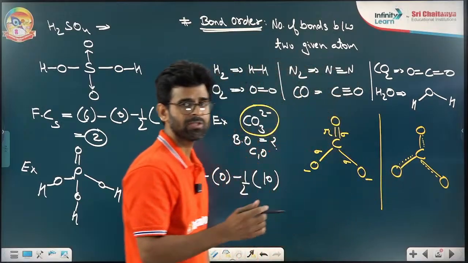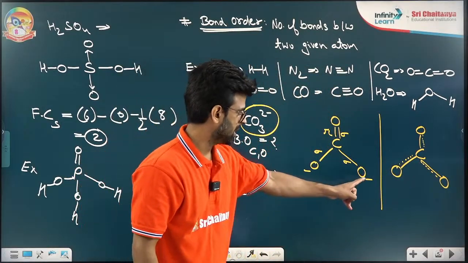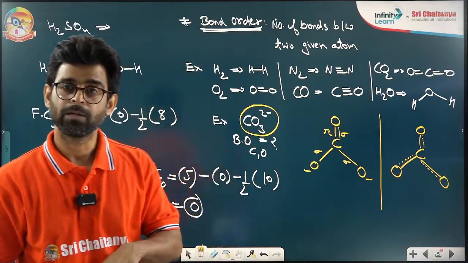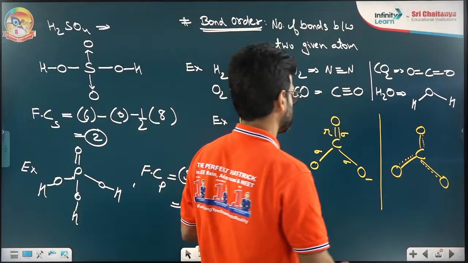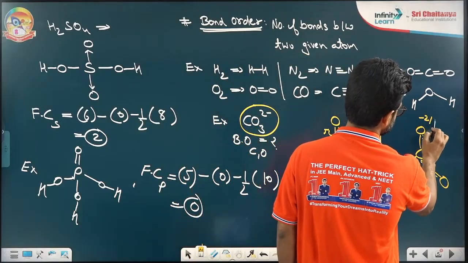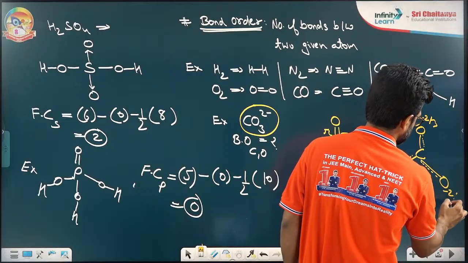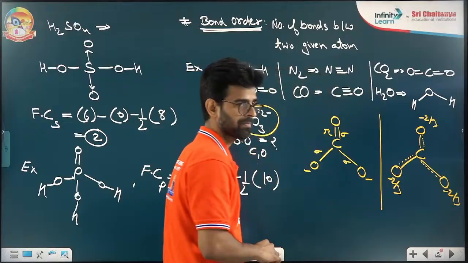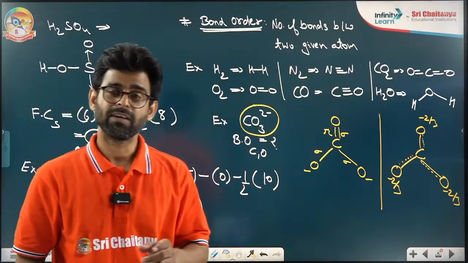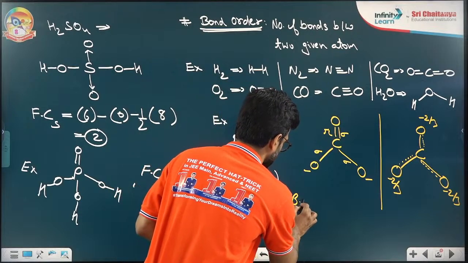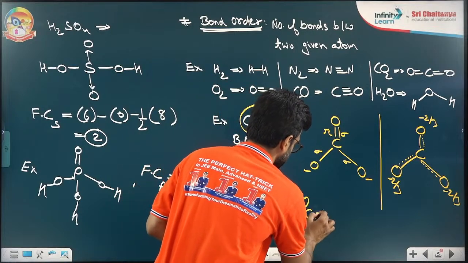Even if you see the charge, the total charge is -2, and it will delocalize among 3 oxygens, so partial charge -2 by 3 here, and here also -2 by 3. So if I want to find the bond order between carbon and oxygen, what do we have to do?